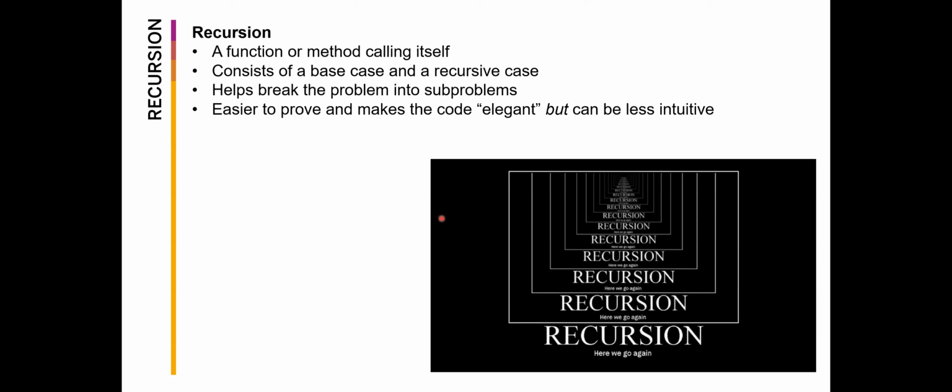Recursion might be difficult to understand if we don't have the concept of recursion or programming itself. It relies on some mathematical induction knowledge, or math knowledge basically. So it can be less intuitive if you are not used to using recursion or you don't understand the concept of recursion where it calls itself.